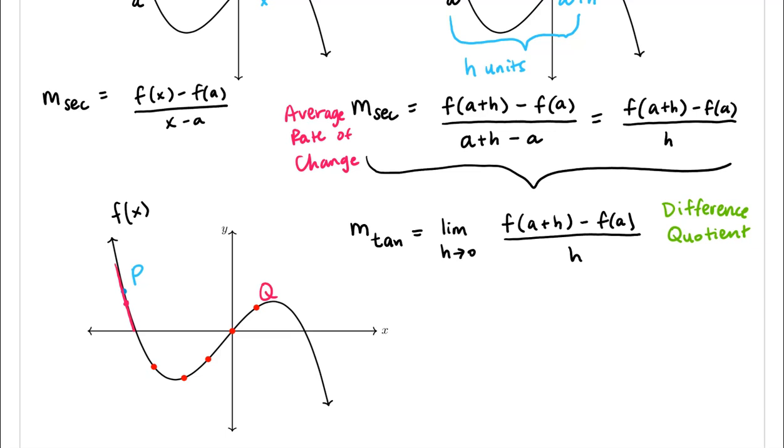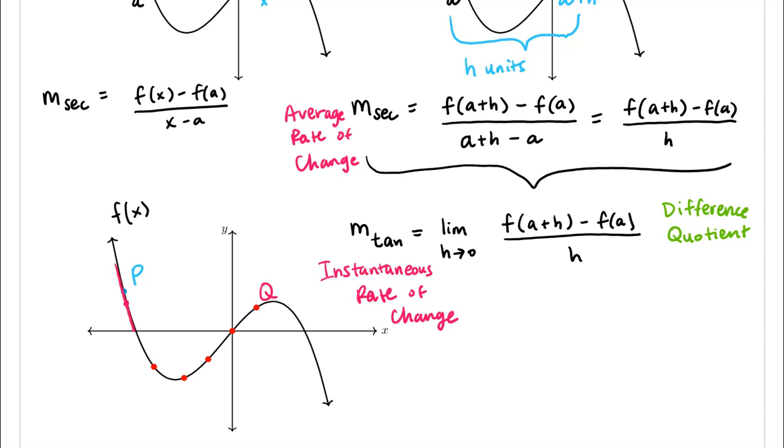And then the slope of the tangent line is now the instantaneous rate of change. And again, if we're talking about movement of a particle or a car or an object, we can also think about it as the instantaneous velocity.